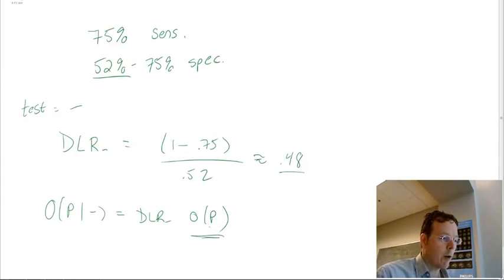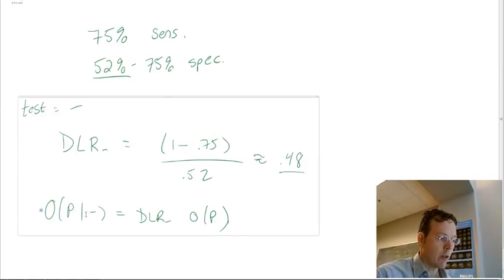If we were to sample from that population and look at the percentage that were pregnant and their tests were negative, this probability would be 0.48 times lower.